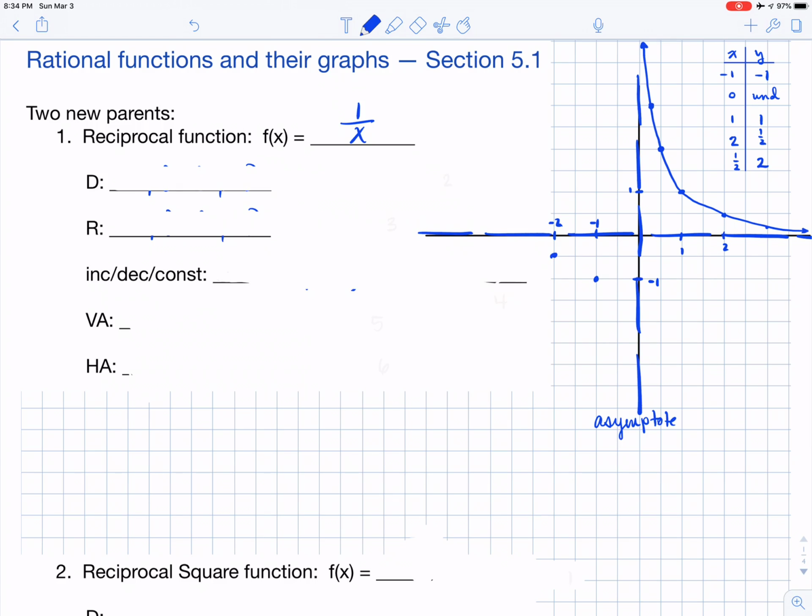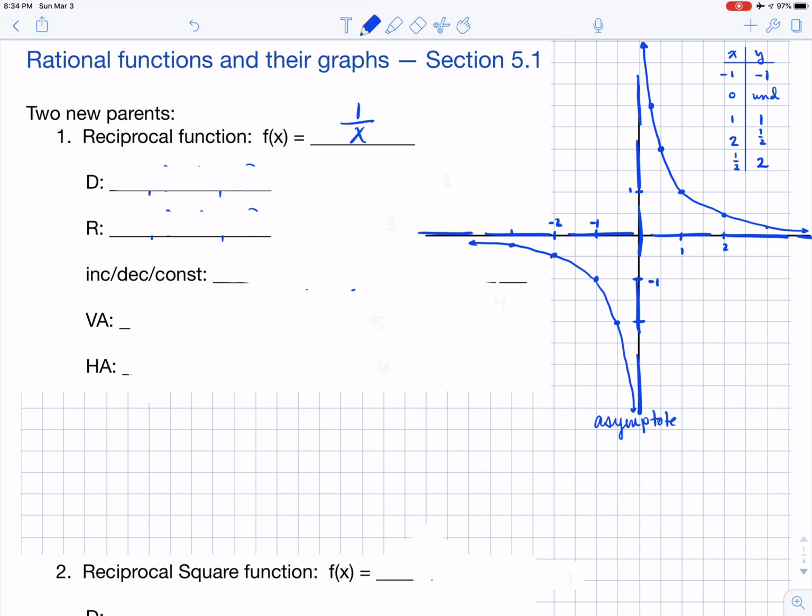Or an x value of -3, my y value would be -1/3, etc. So you can see that this part of my graph is getting closer and closer to my horizontal asymptote. If I have an x value of -1/2, once I divide, I will end up with a -2. And so this one as well is going to get closer and closer to your vertical asymptote.